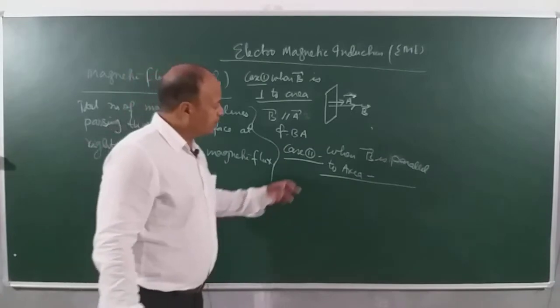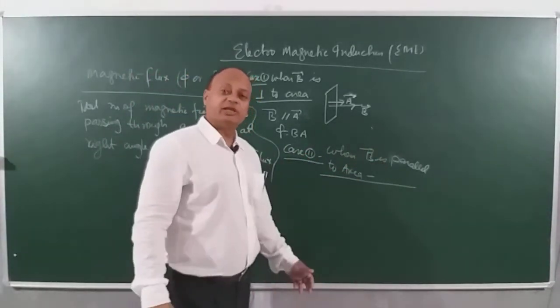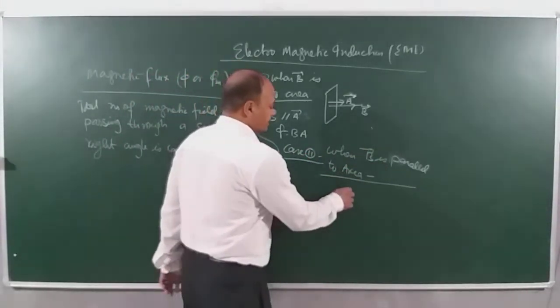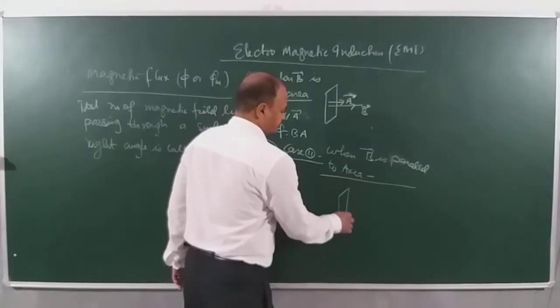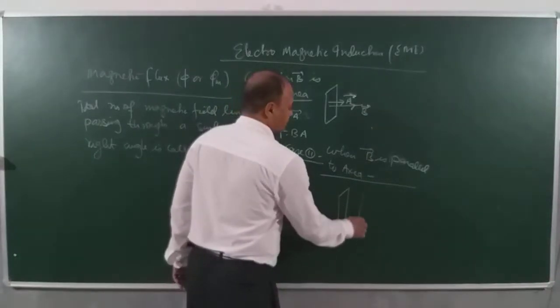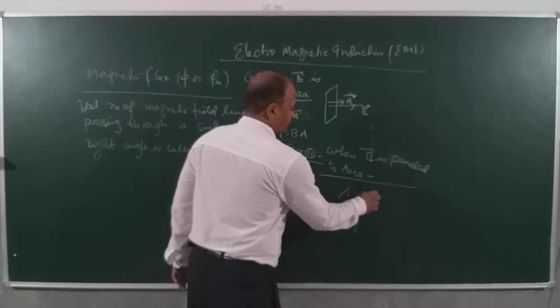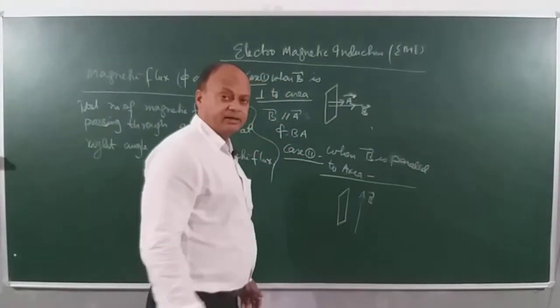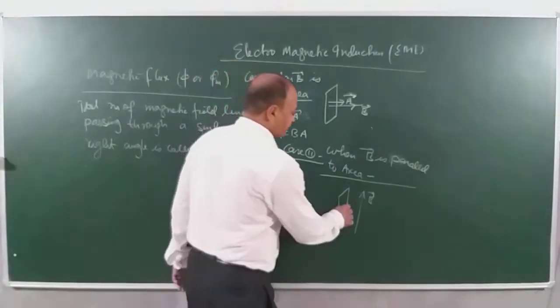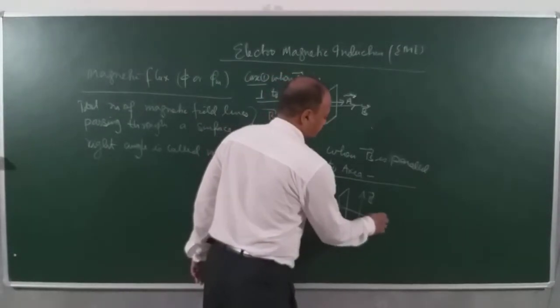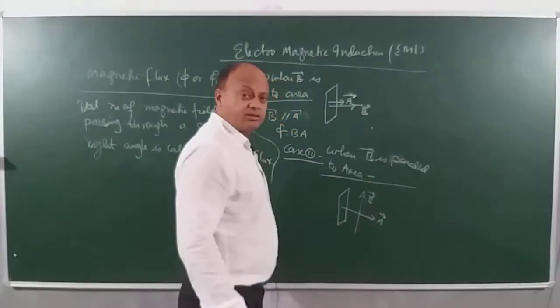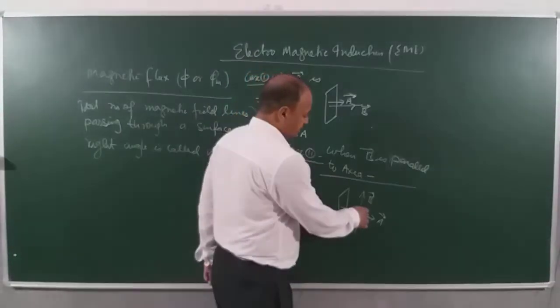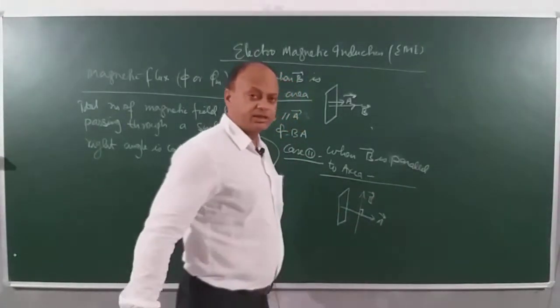Now case 2, when B is parallel to area. This is a very interesting situation. Suppose the area is like this, and this is the magnetic field. So both are parallel. If both are parallel, then the area vector will go like this. So what will be the angle between these two? 90 degree.